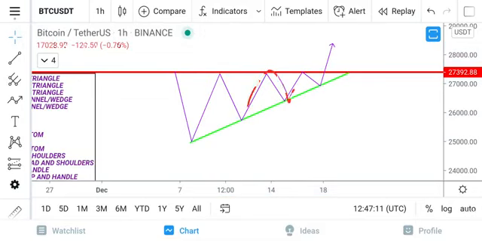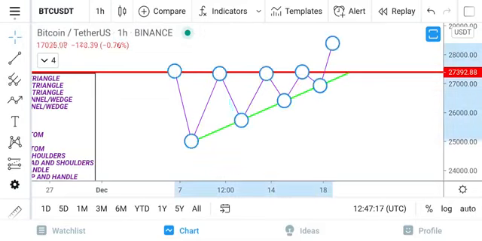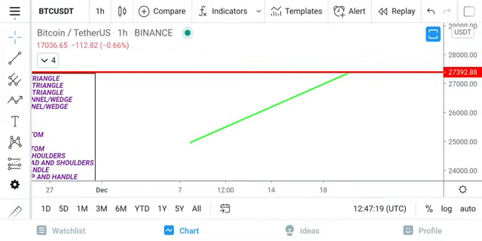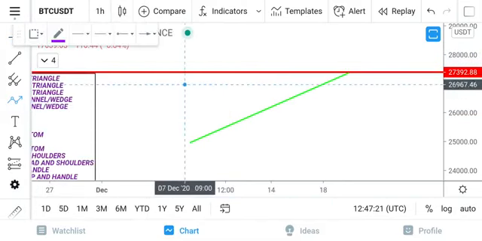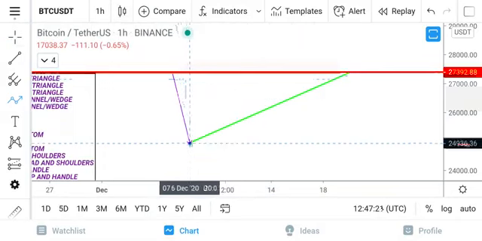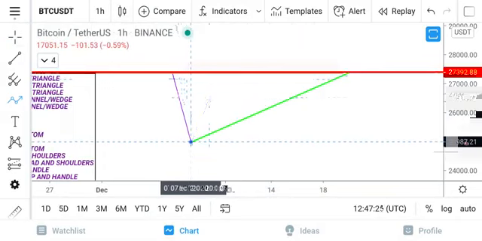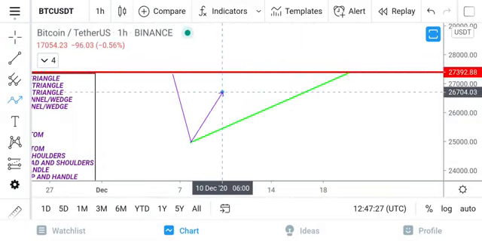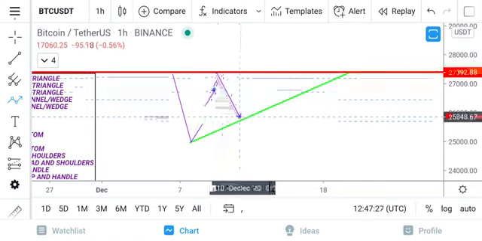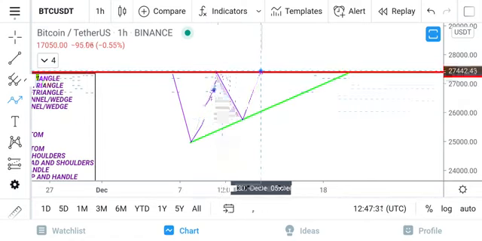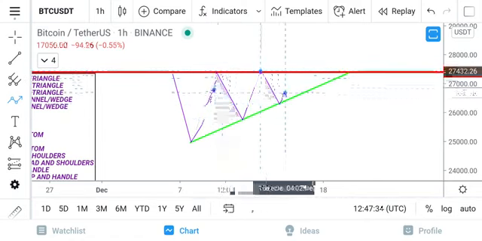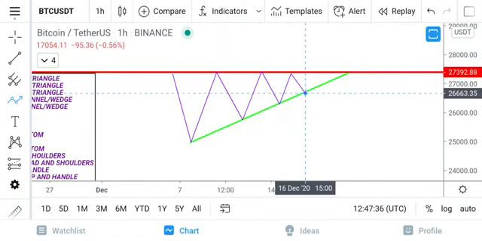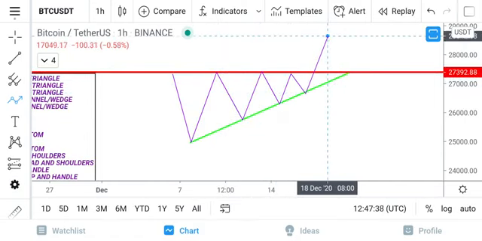Let me illustrate it again. Price comes to the support, goes back to the resistance, comes to support, goes back, comes to support, goes back to resistance, comes to support, then breaks out.